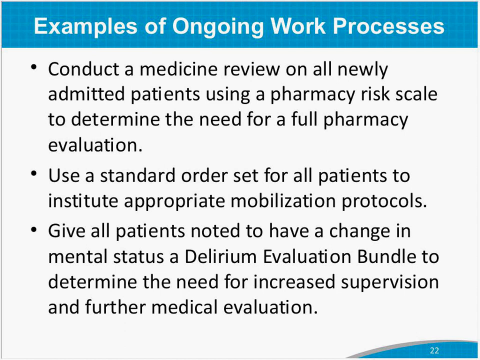Use a standard order set for all patients to institute appropriate mobilization protocols, and give all patients noted to have a change in mental status a delirium evaluation bundle to determine if they need increased supervision and further medical evaluation.